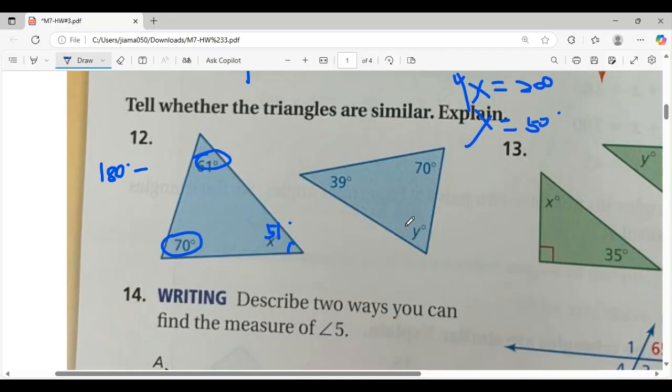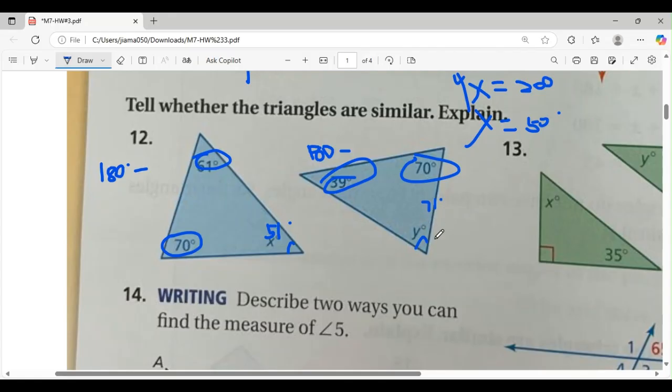Let's see this. 180 degrees minus 39 and 70, which is 71 degrees. This is the angle measure of y.